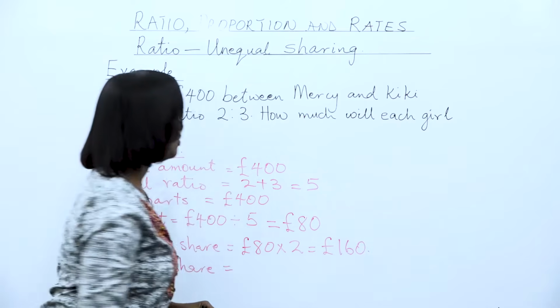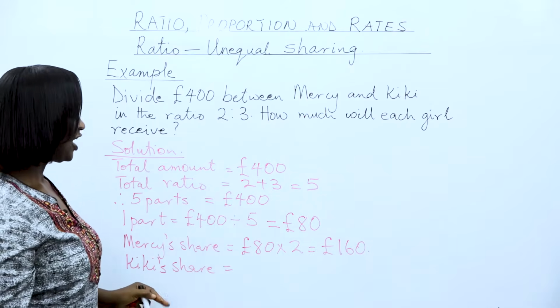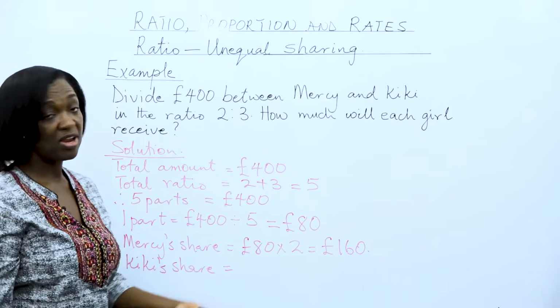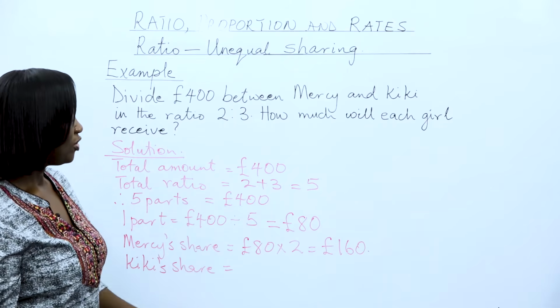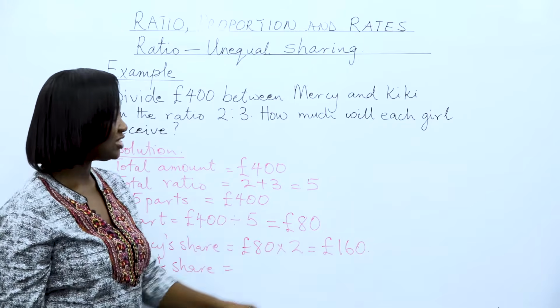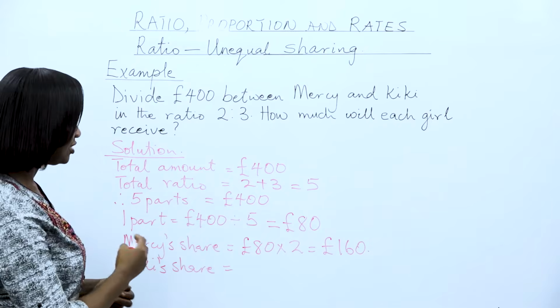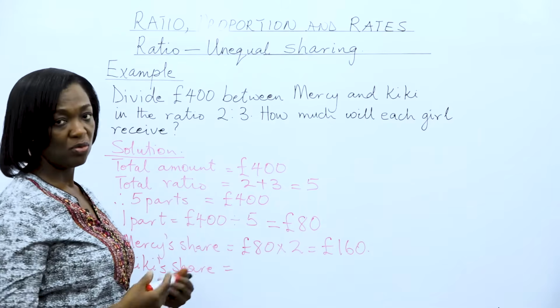160 pounds. To find Kiki's share, you either multiply 80 by 3, or you can subtract 160 pounds from 400 pounds. You'll get the same answer. So whichever one you choose will be fine.